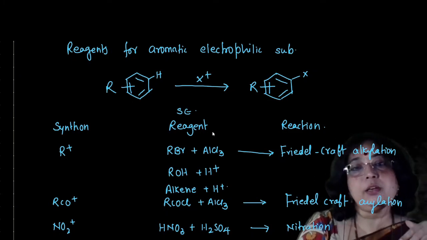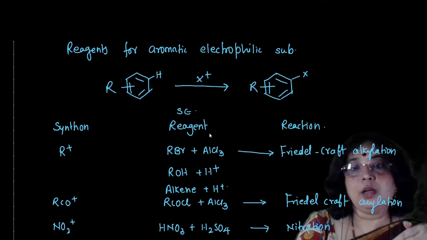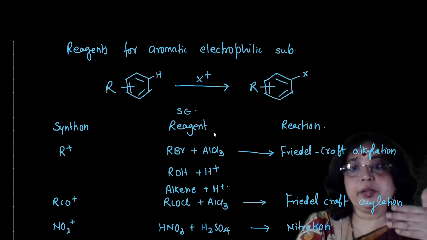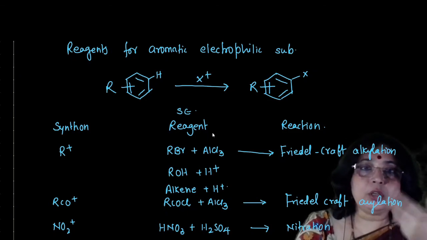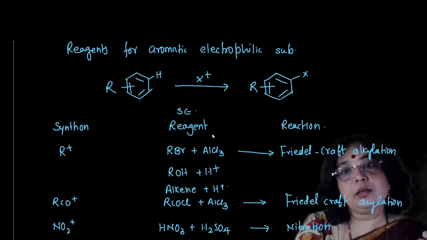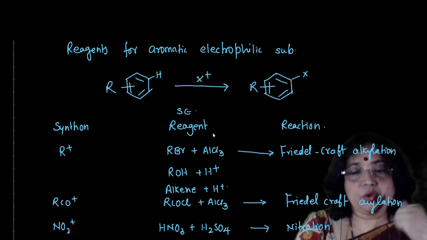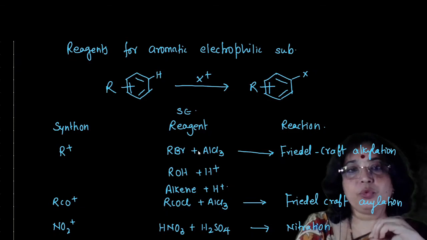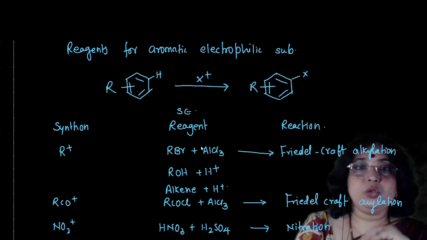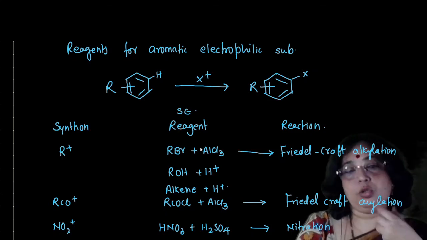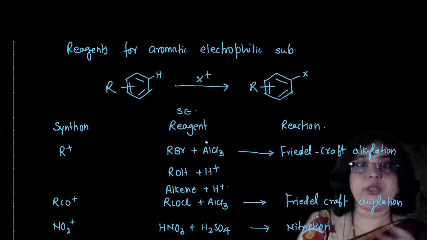Because this reagent part is used in the synthesis, the second part of the retrosynthetic analysis. Whatever starting materials or reagents are generated in the retrosynthesis disconnection approach, in the imaginary approach, those reagents are used in the synthesis. So we must know which reagents to use as a source of synthons, or the source of electrophiles, or the source of nucleophiles if nucleophilic substitution is there.